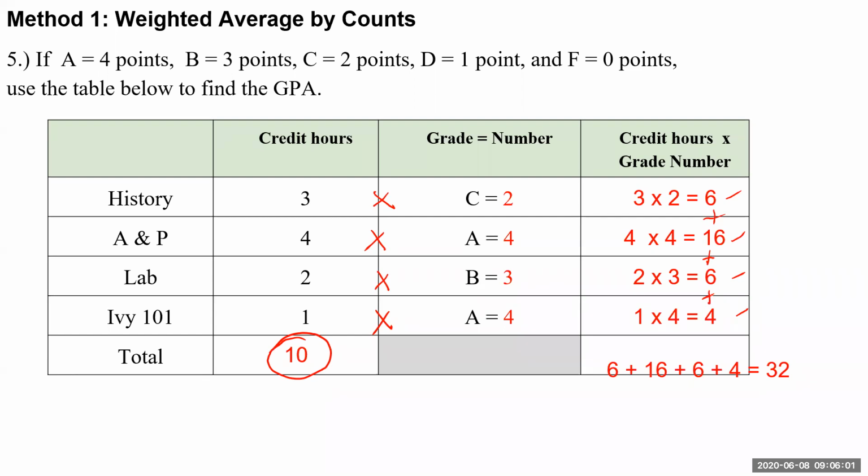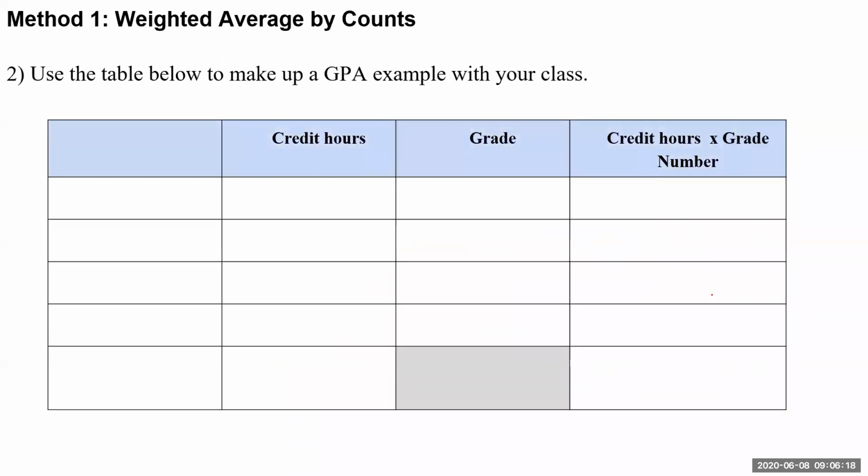So to know your GPA for the semester, you do 32 divided by 10, and you have a GPA of 3.2 for that particular semester, right? So that's your semester GPA. Sweet. Let's look at another one.